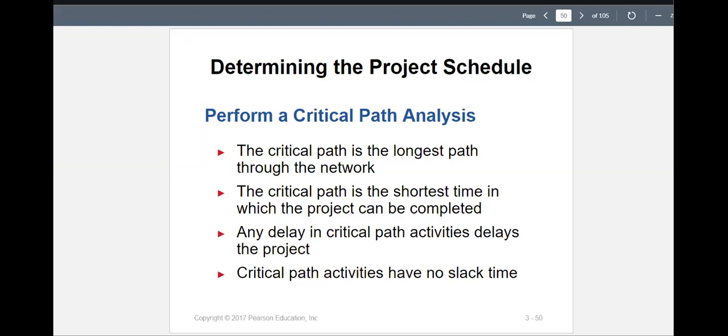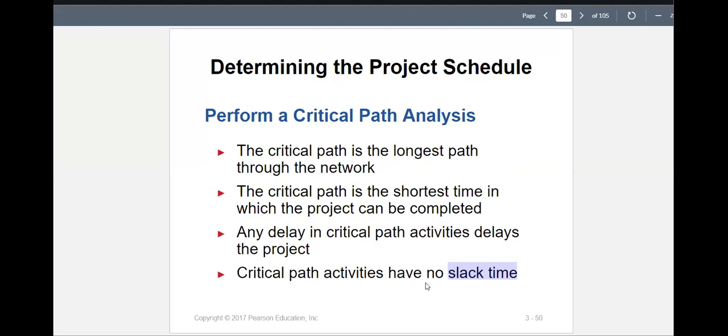All right, so to perform a critical path analysis, the critical path is the longest path in the network. The critical path is the shortest time in which the project can be completed. Any delay in critical path activities delays the project, and critical path activities have no slack time. And what we mean by slack time is flexibility. So those critical activities, we call them critical activities.